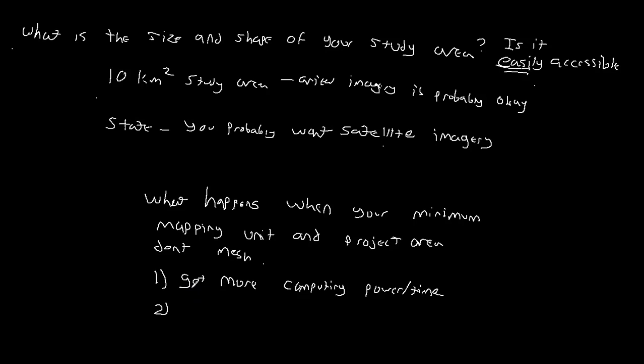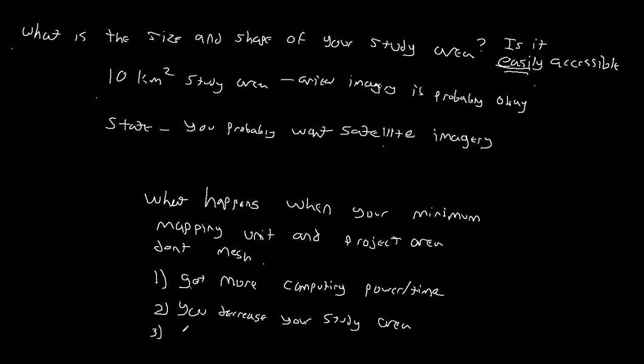Maybe instead of doing the entire state of New York, you do a township or a county. You decrease your study area so that the spatial resolution of the imagery required for your minimum mapping unit aligns better with the feasible size of your study area.